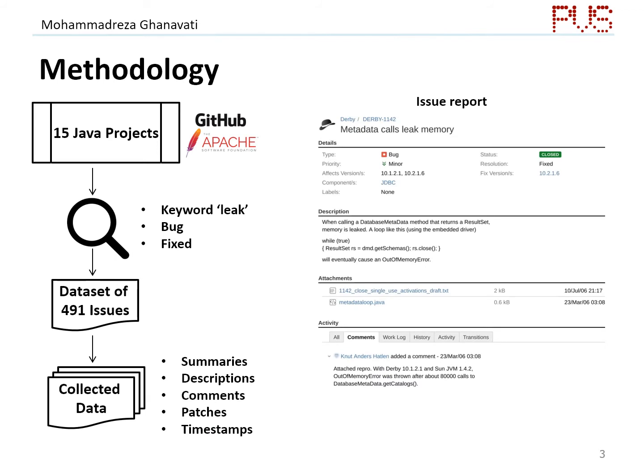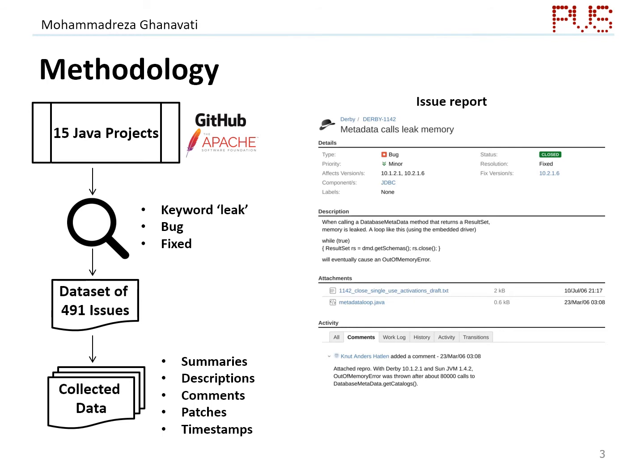And as you know, for a valid empirical study, we need first to have a proper methodology. For this work, we selected 15 projects from the 2 most popular repositories for Java projects, Apache and GitHub. Then we searched for the issues which have 3 criteria.